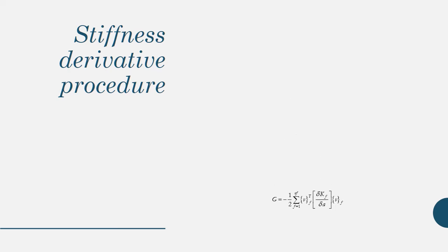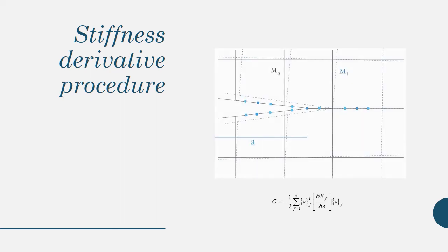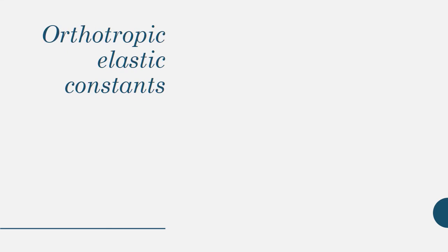Since there is a sum and delta A, and there is a derivative, we can consider two configurations. The first configuration is M0, where the crack is not opened by the delta A, and the second crack configuration is M1, when the crack is opened with delta A.